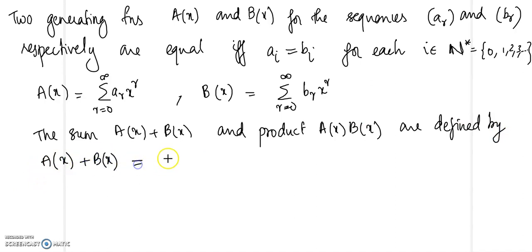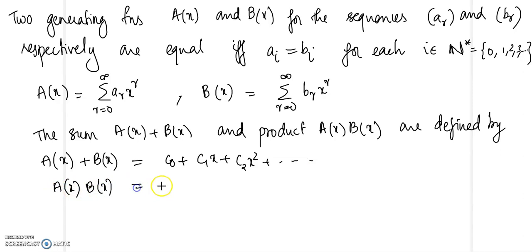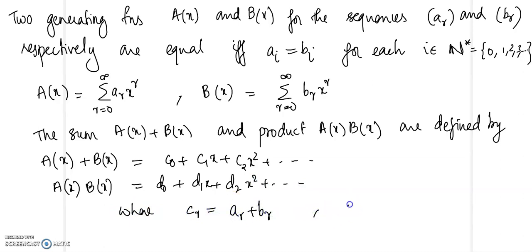So A(x) plus B(x) will be c0 plus c1x plus c2x square plus etc. And A(x) into B(x) will be equal to d0 plus d1x plus d2x square plus etc. where c_r will be equal to a_r plus b_r, and d_r is equal to a0 b_r plus a1 b_(r-1) plus etc. plus a_r b0.